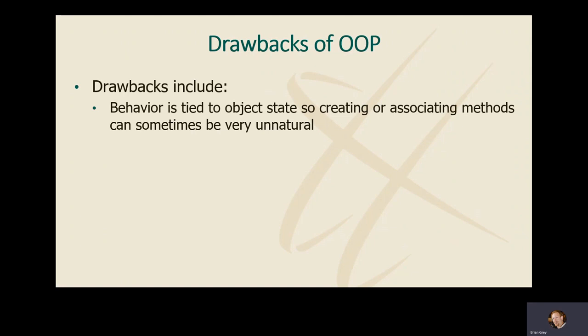Well, the big one is that behavior is tied to object state. So if you have a truly object-oriented programming language, any function that doesn't rely on internal object structure, you have to, by rule, associate it with an object.